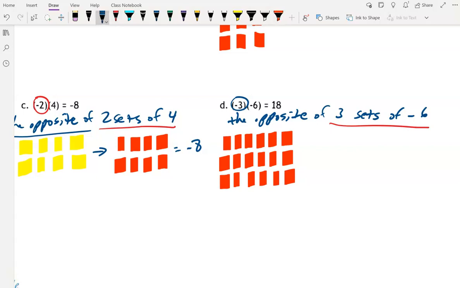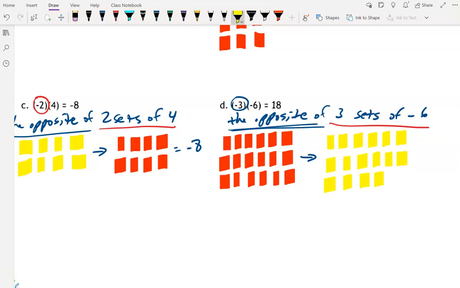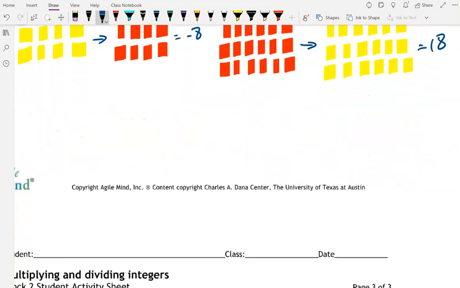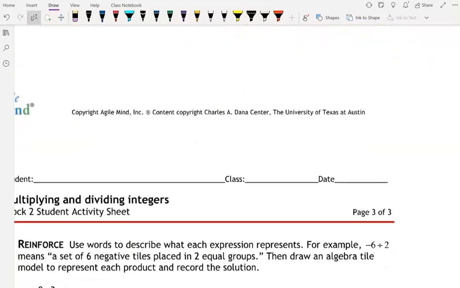But remember, we are taking the opposite of that. So we have to flip all of them over so that now we have 3 sets of the opposite of -6, which is +6. And so now we have a total of 18 positives. Okay, just a little quick review there of that particular information.